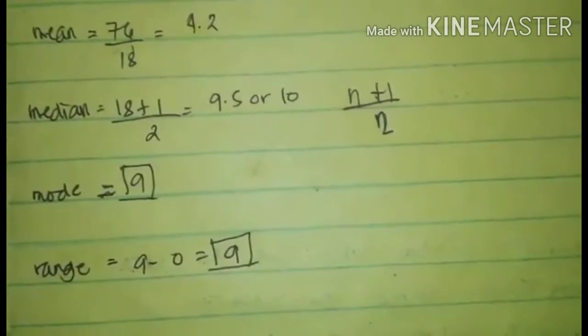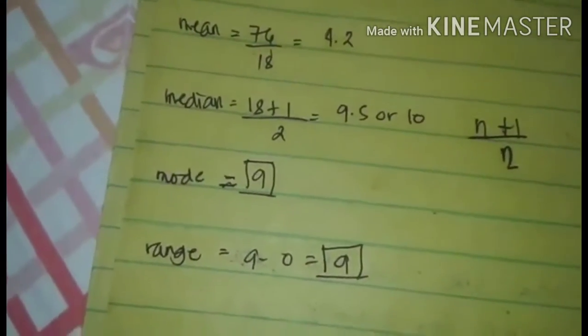Okay, that's our formula. Then for our mode, we have 9, that is the most appeared. The range is 9.